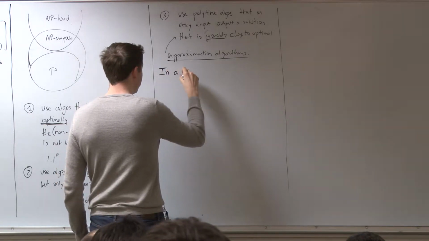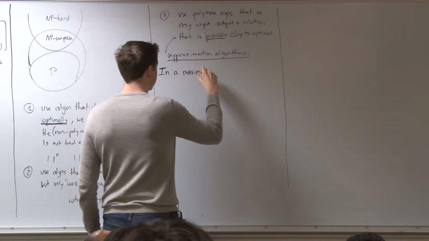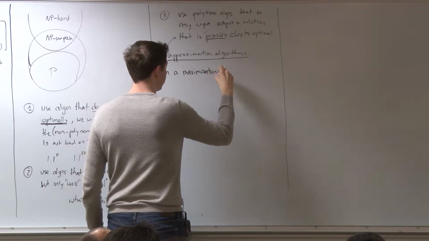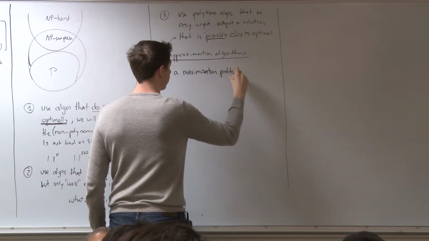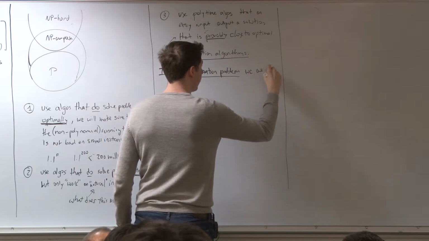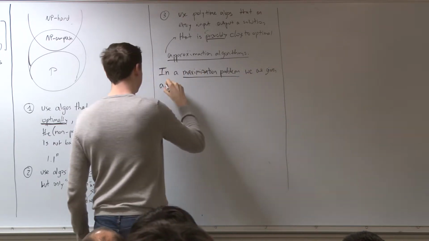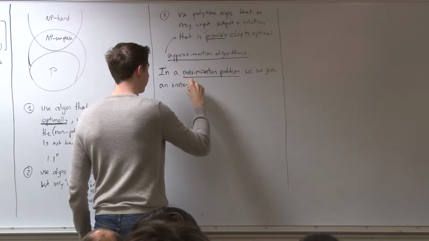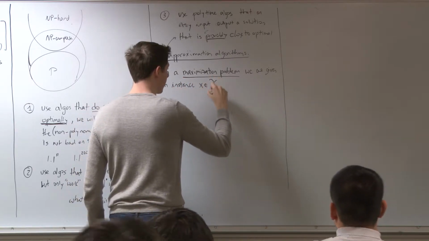So let's say in a maximization problem, we are given an instance of the problem X, okay, in some space.